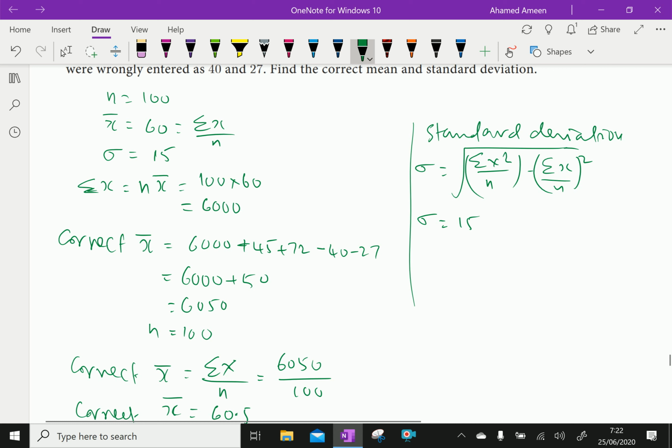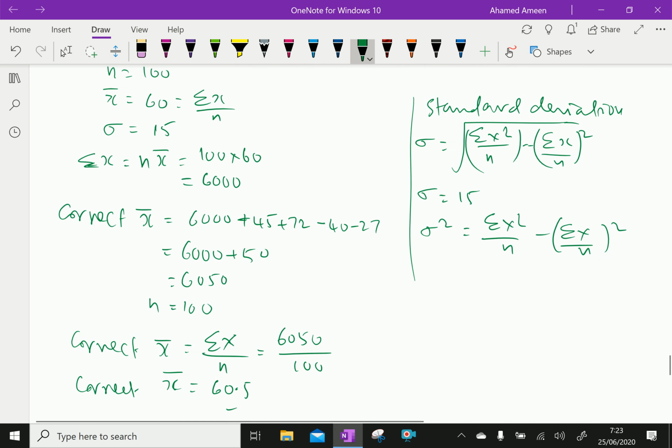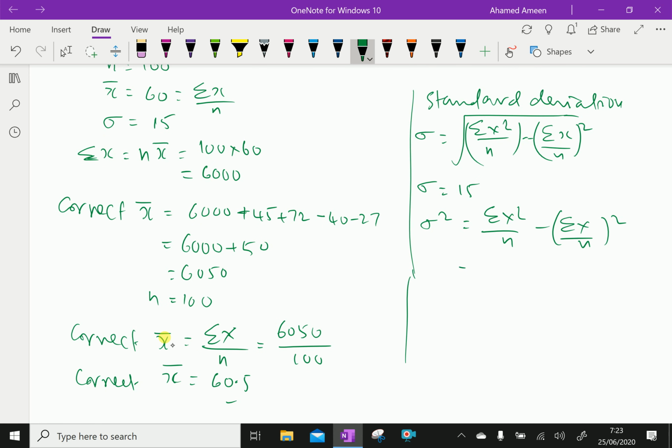So we can equate, squaring, sigma square equals, removing the square root, sigma x square over n minus sigma x over n the square. Look here, sigma square is 225, because sigma is 15, square of 15 is 225, and sigma x square over 100, because n is 100, and sigma x by n is the old mean 60, that squared.